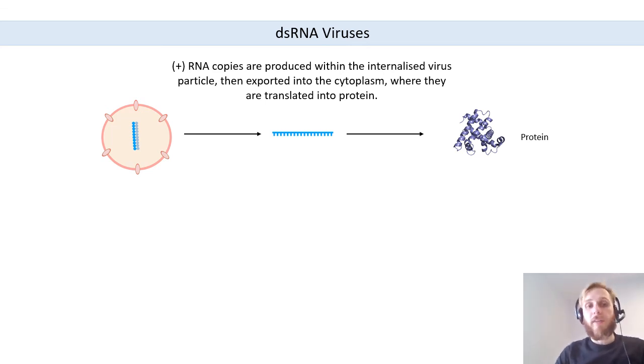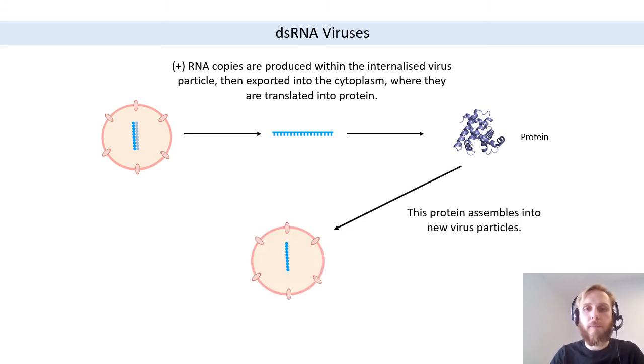Initially, positive RNA copies are produced within the virus particle, then they're exported out into the cytoplasm. So an RNA-dependent RNA polymerase is working on the genome and producing positive sense RNA copies. These positive sense copies are exported into the cytoplasm, where they are translated into protein.